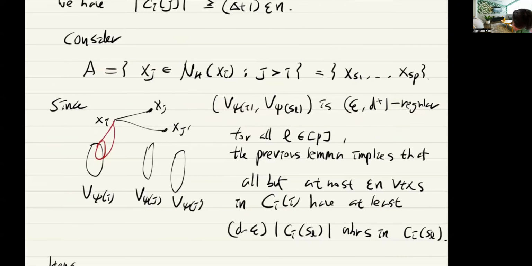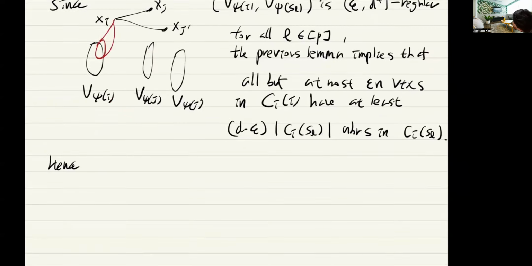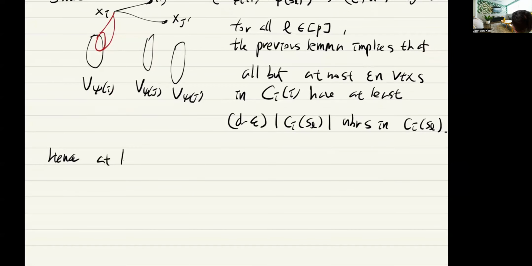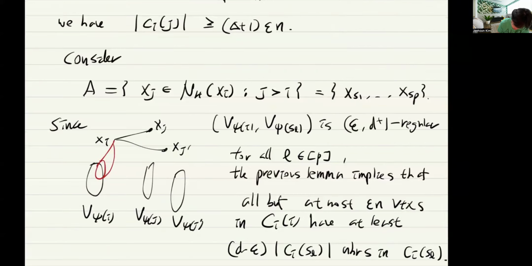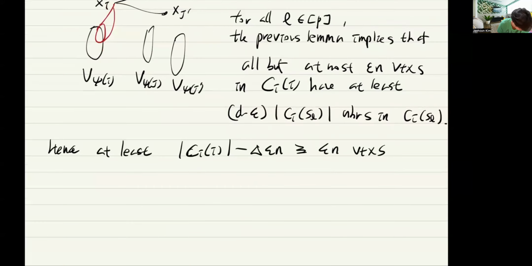Hence, you do that for all choices of S1 to SP. We know that P is at most delta, so P times epsilon n, so delta times epsilon n is the bound that is lost. So this is at least epsilon n, because we inductively assume that this C_i of i is at least delta plus 1 times epsilon n.